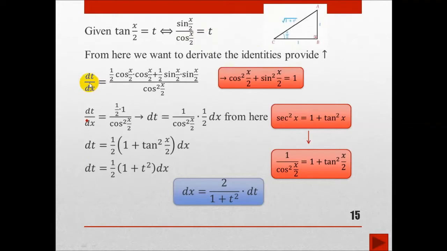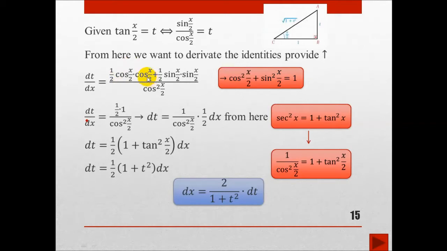We can differentiate this, so dt over dx. Differentiate sine x over 2 over cosine x over 2 by using the quotient rule, u prime v plus u v prime over v squared. So we can get this form. Cosine squared x over 2 plus sine squared x over 2 is equal to 1. So the cosine terms give cosine squared, and the sine terms give sine squared too.